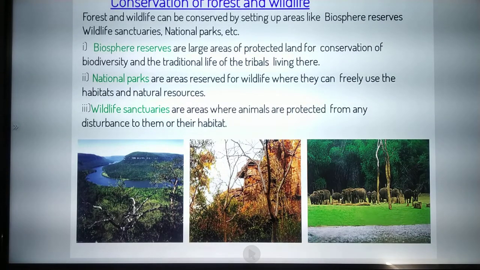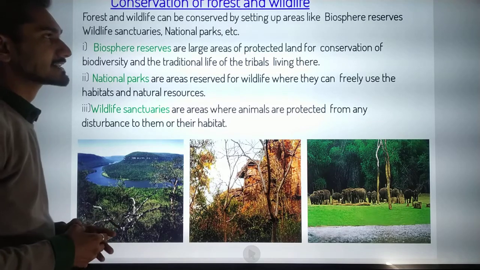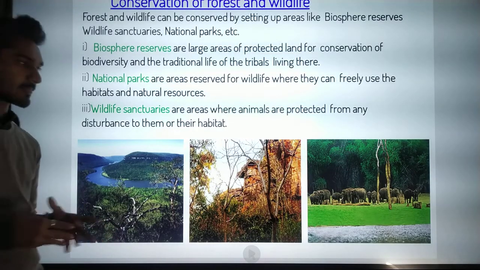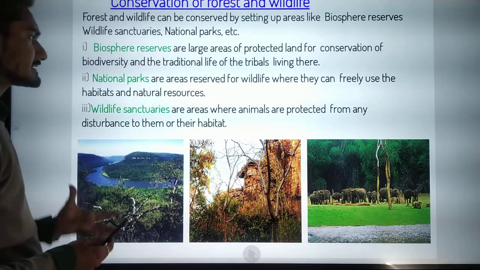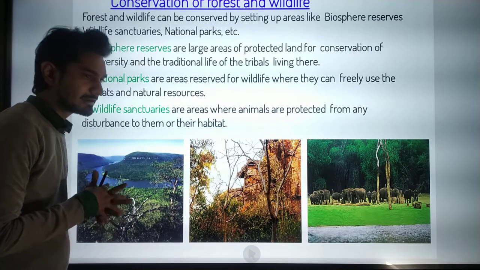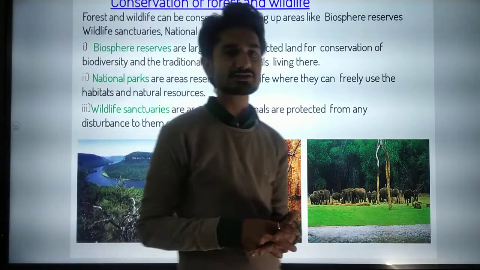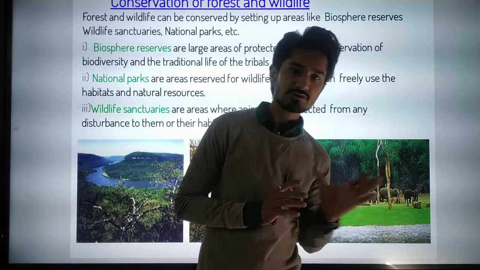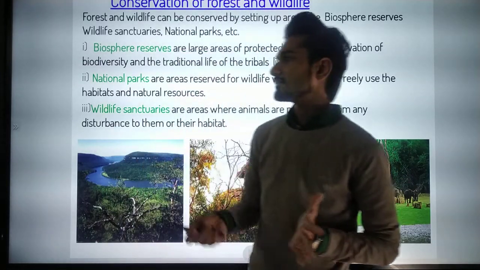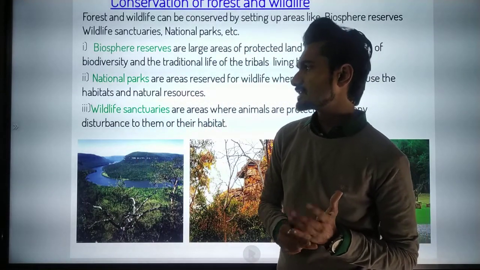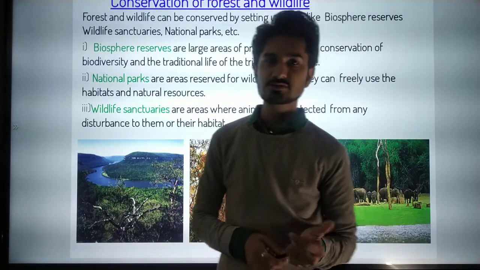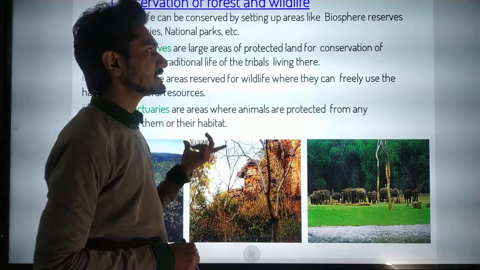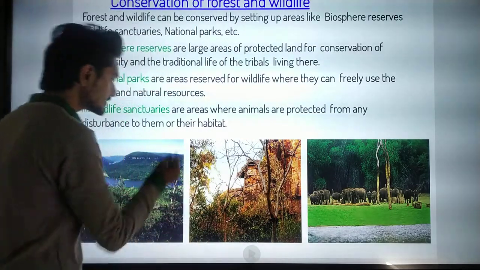Forest and wildlife can be conserved by setting up areas like biosphere reserves, wildlife sanctuaries and national parks. From these we can protect the natural forest and natural resources, and also the animals and birds. But we are going to see that in the next lecture, not in today's lecture.